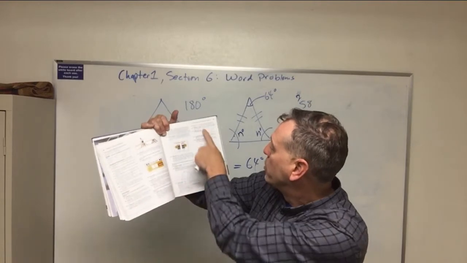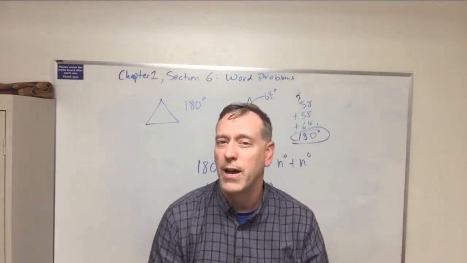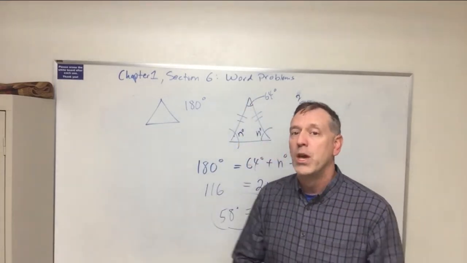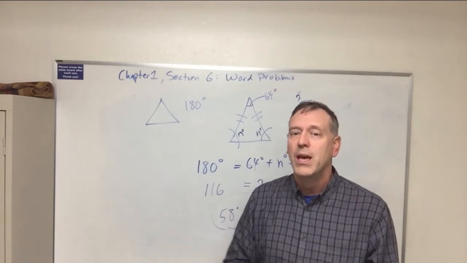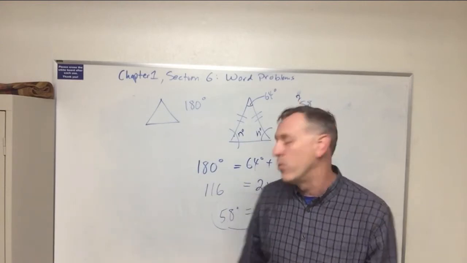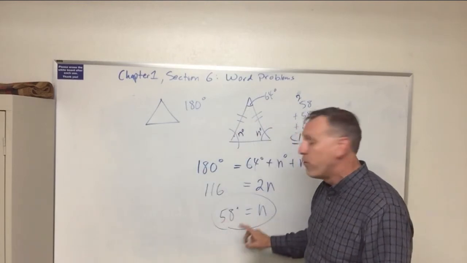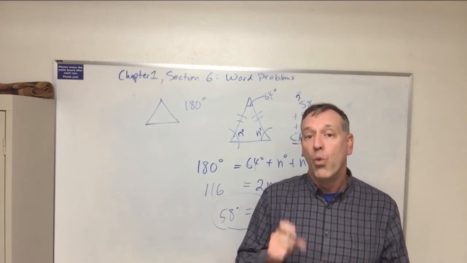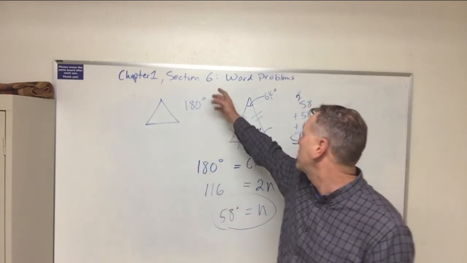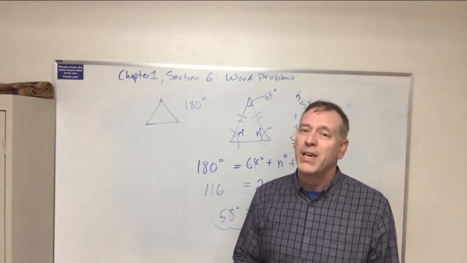And now these problems will follow that. Some of these problems will use triangles, some will use a four-sided object, whose angles sum not to 180 degrees, but to 360 degrees. There are other problems like that where you will piece the missing information together like this and solve for a missing angle. So those are two types of problems from Chapter 1, Section number 6, the first of the two sections on word problems in Chapter 1.